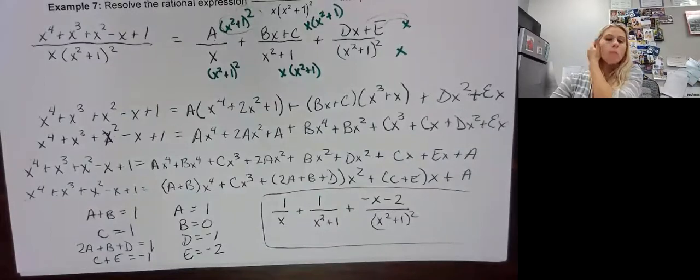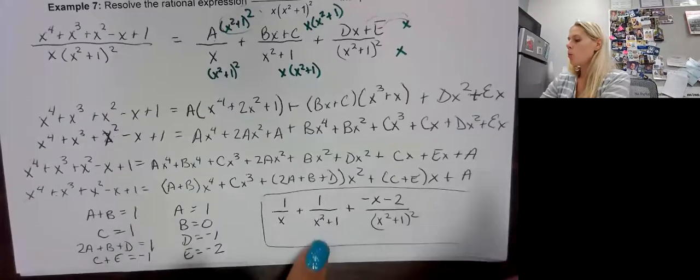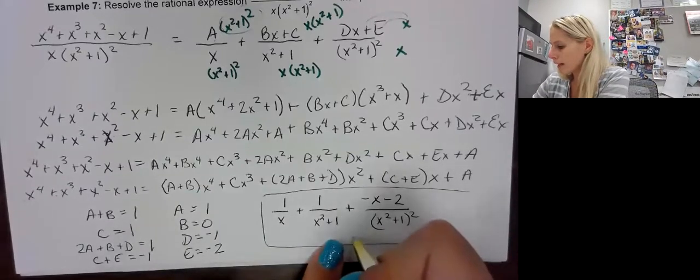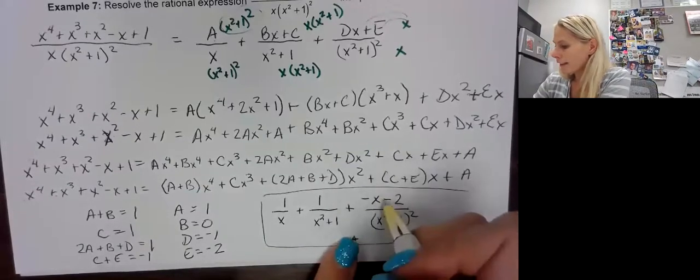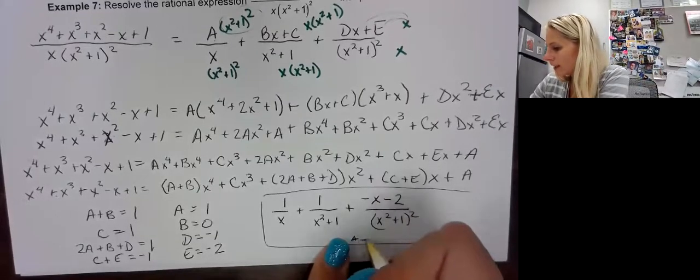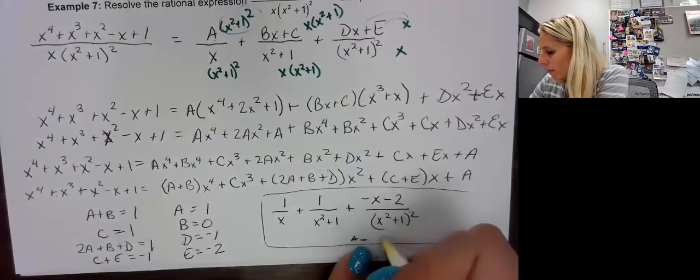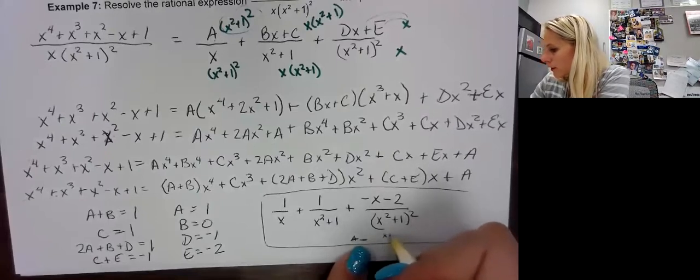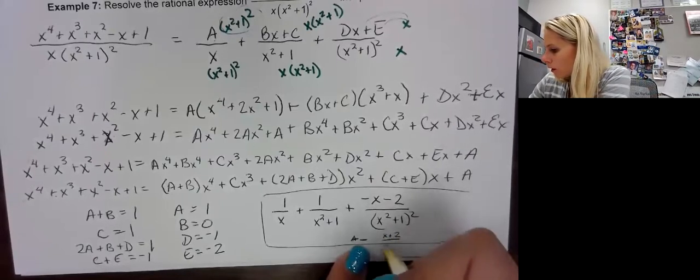Awesome. Now, tricky thing is, if this were a multiple choice question, we might see this part right here, because if we factor out a negative and made this a subtraction instead of addition, it would have been x plus 2 over x squared plus 1.